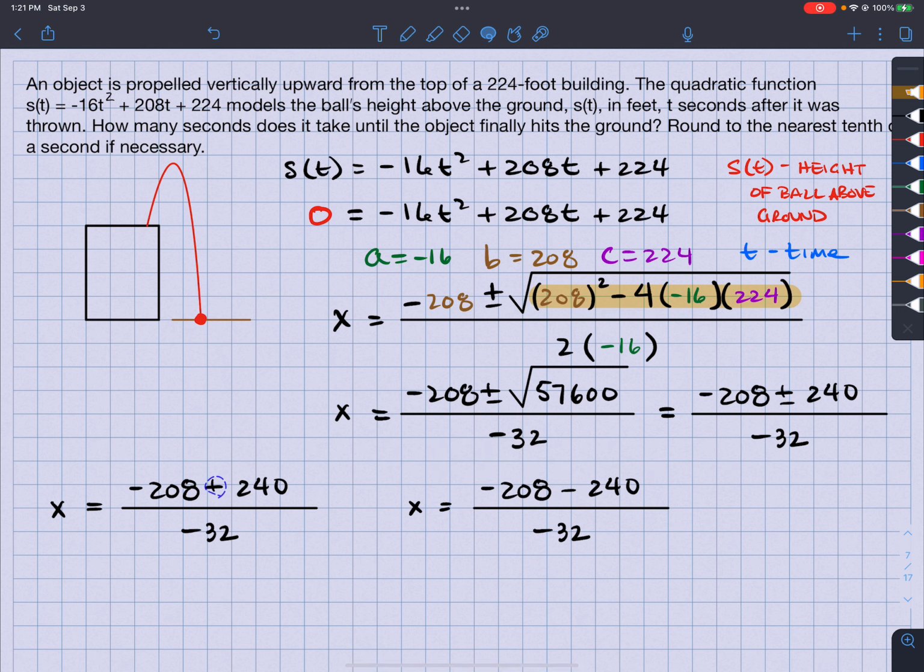Okay, so there's the addition and the subtraction. That's what gives me the two numbers. So let's go ahead and see what that gives me. So I got negative 208 plus 240 divided by negative 32. This gives me a negative 1 second. And the other one is going to give me 14 seconds.